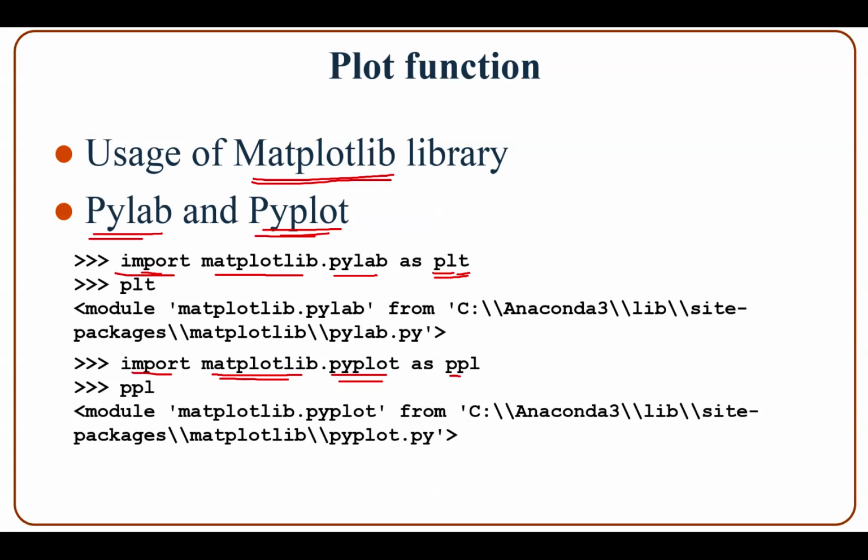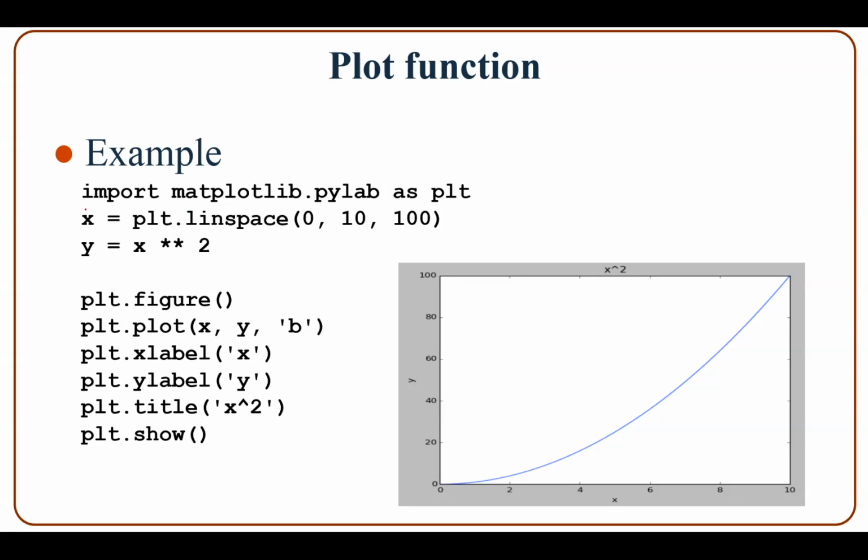Let's look at this example. Import matplotlib.pylab as plt. So later on you just use plt as a prefix. So plt.linspace. You call the linspace function in the plt module and give it 0, 10, and 100. It gives you a list with values from 0 to 10 with 100 values and stores it in x.